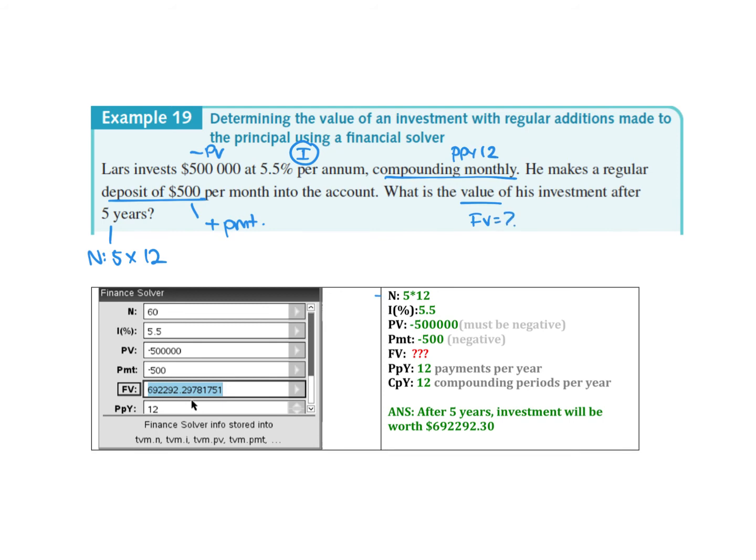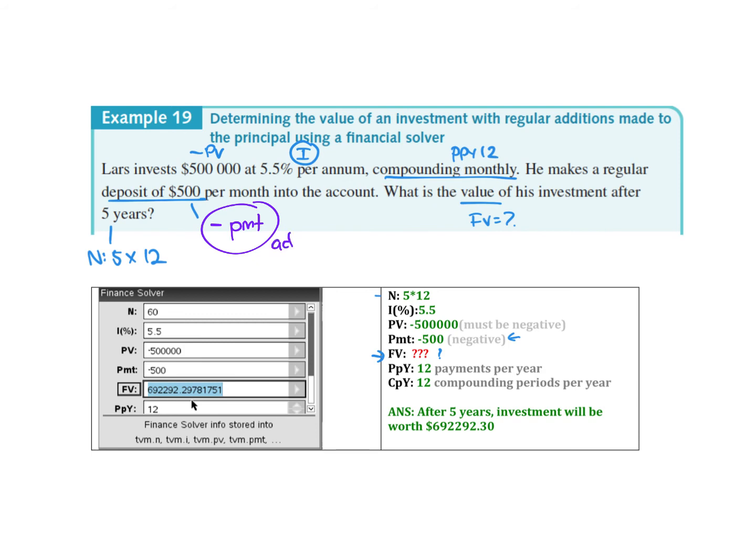So you can see when we wrote them all out here, I've put FV is the question. And we type in everything. Just make sure when you're putting into the bank the payment, it's got to be negative. Okay, so I wrote positive up here. When you're putting it into the bank in Finance Solver, it's a negative payment in Finance Solver, but you're actually adding to your investment, yeah?